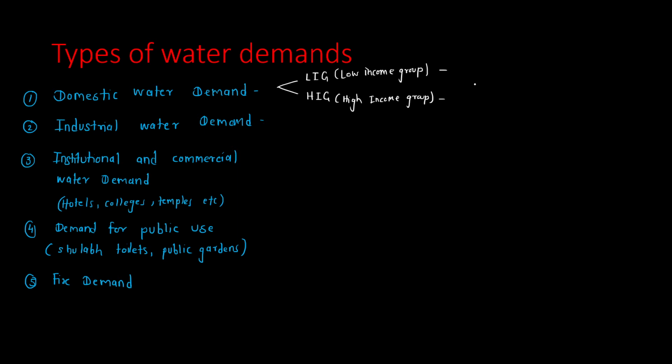Now what is the value for low income group? It is 135, and the unit of water demand is liters per capita day, that is LPCD. For high income group this value is 200 LPCD.